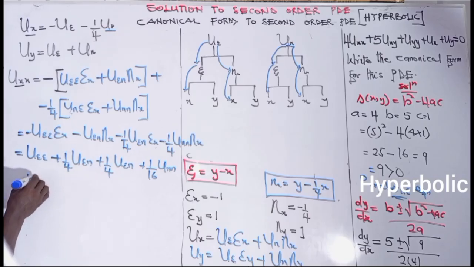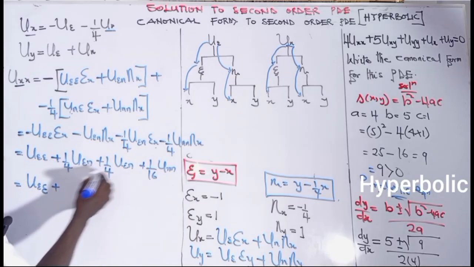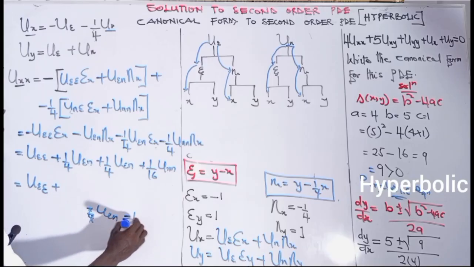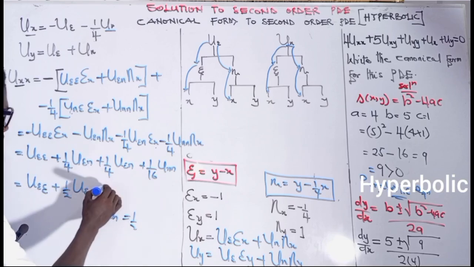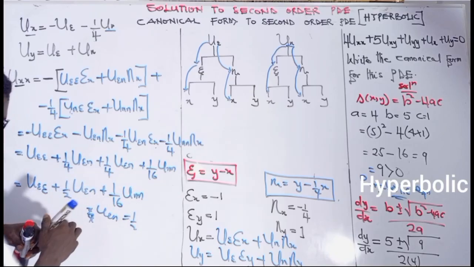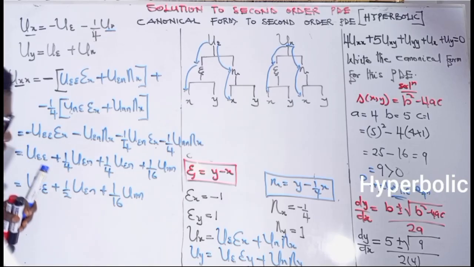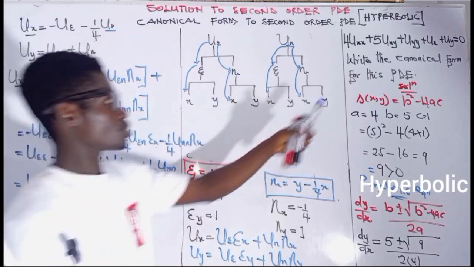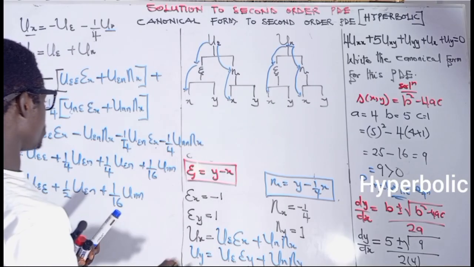So this is going to give us u xi xi. Then when we add these together, we are going to get 2/4 u xi eta, and we can reduce it to get 1/2. So we have 1/2 u xi eta, and then plus 1/16 u eta eta. So we are done with uxx. We are done with the expression for uxx. Now we move on to uxy. We have uxy in the equation, so we have to find uxy. So where do you continue?